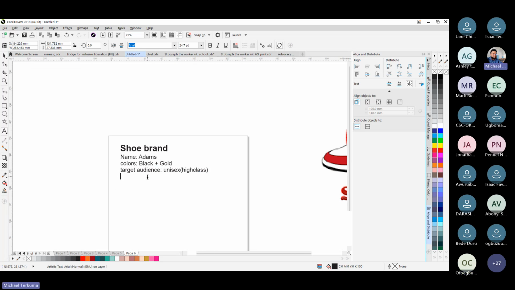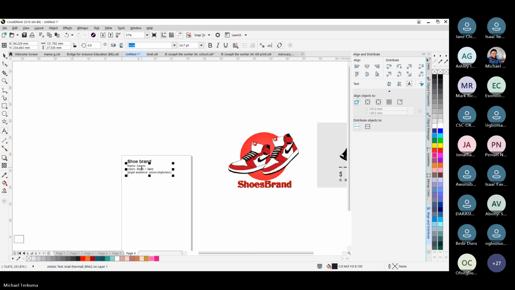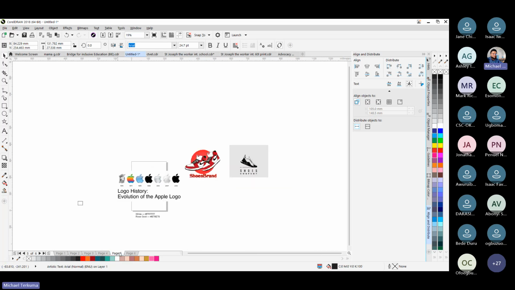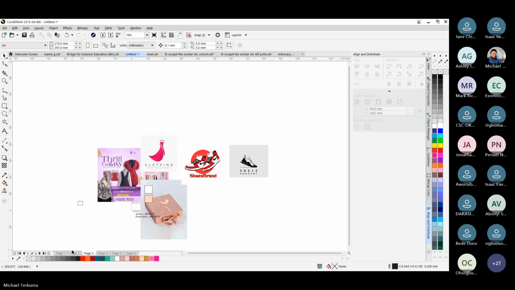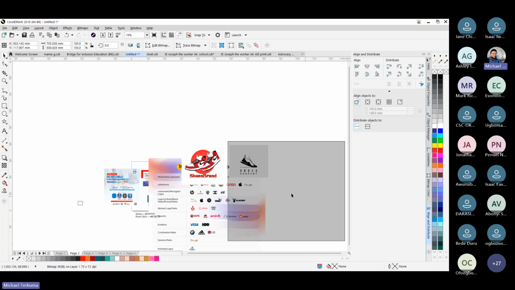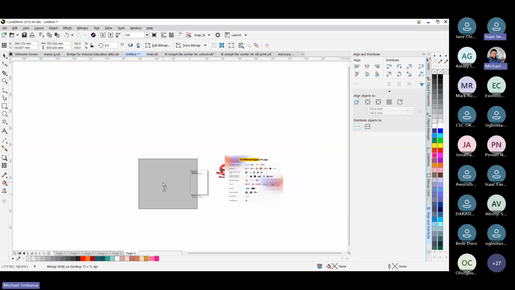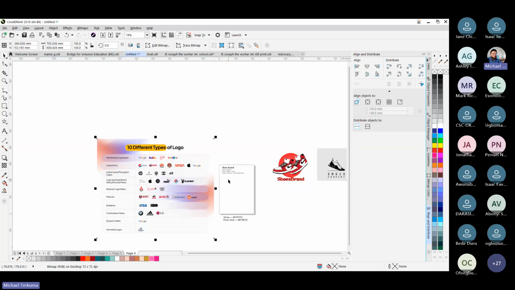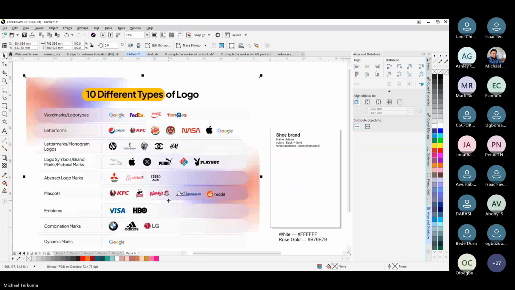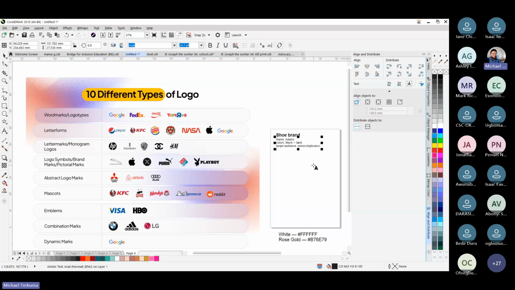So we said our logo should be... what kind of logo are we working with on this? Okay, so we want an abstract logo that we can expand.